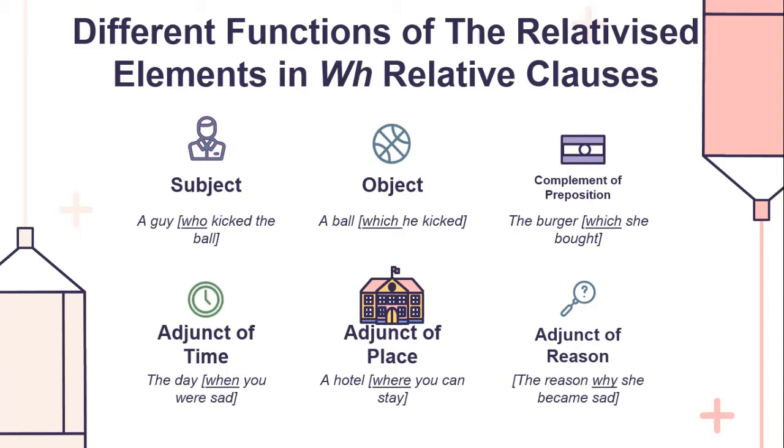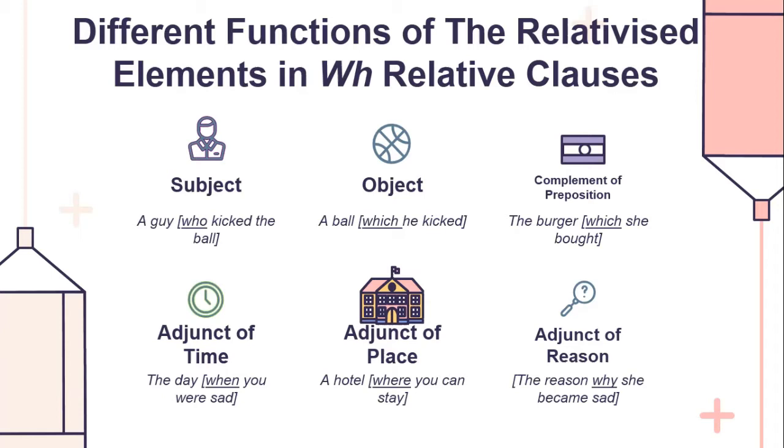Why does it say that the function is a subject? Because if we change the sentence to the common declarative sentence, it could be "a guy kicked the ball."